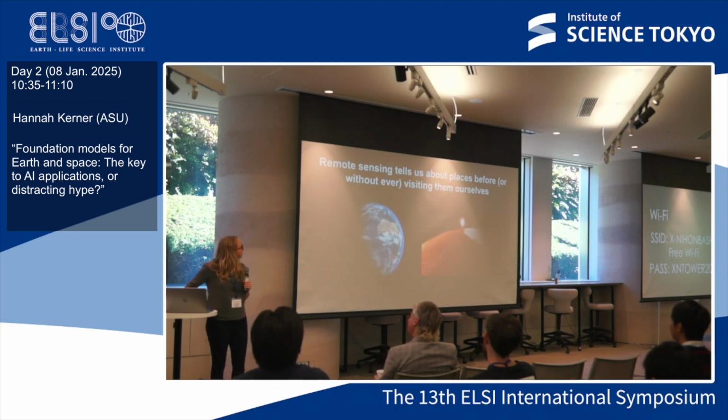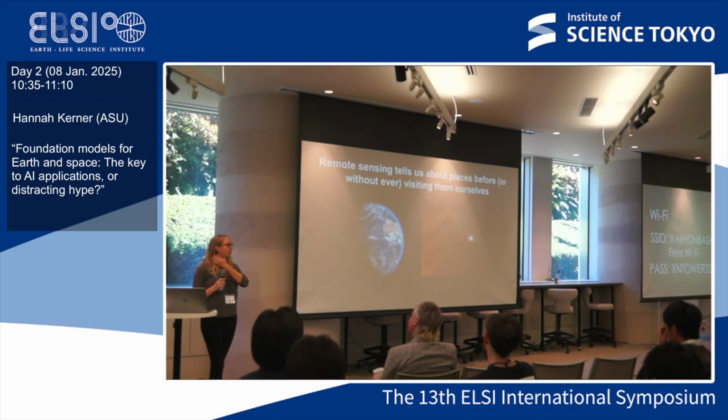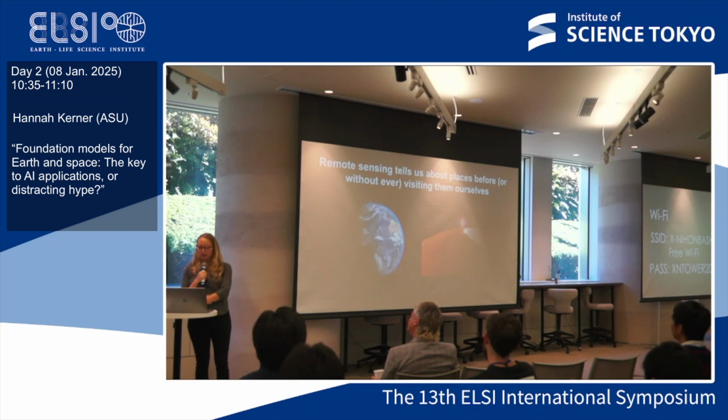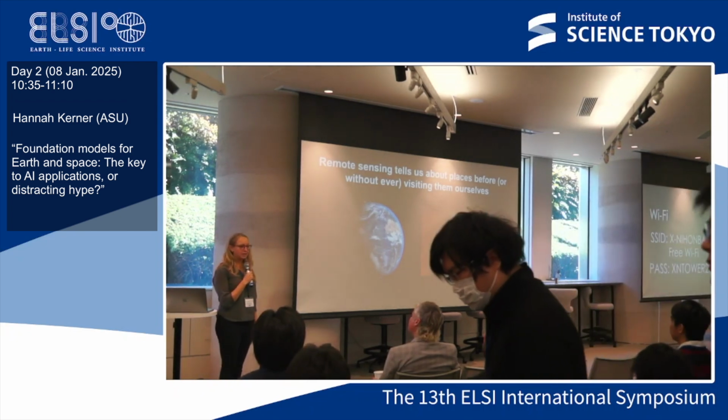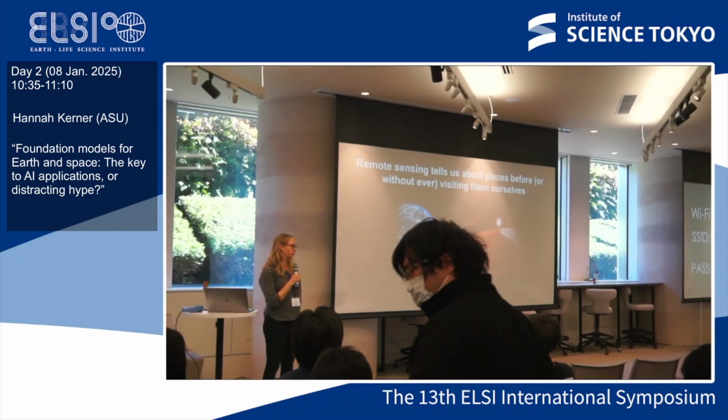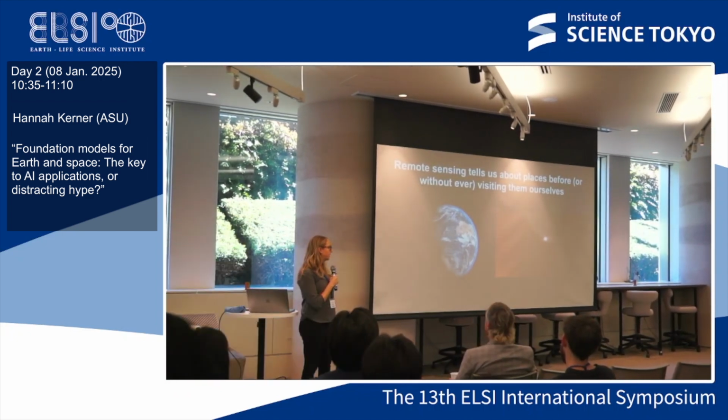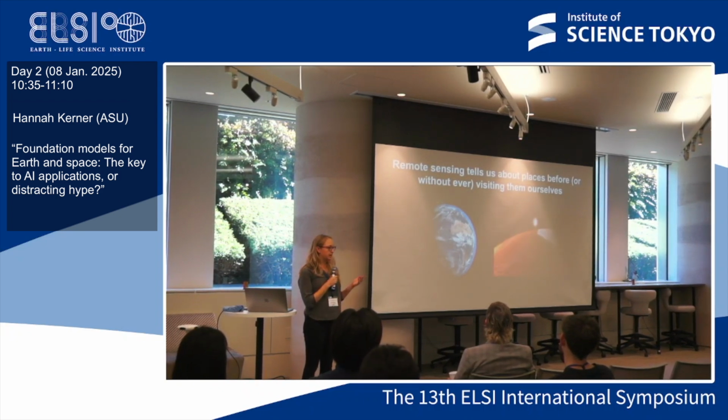So, what I'm going to be talking about today is not foundation models for language modeling like ChatGPT and its cousins, but foundation models for Earth and space exploration, and particularly using remote sensing data.